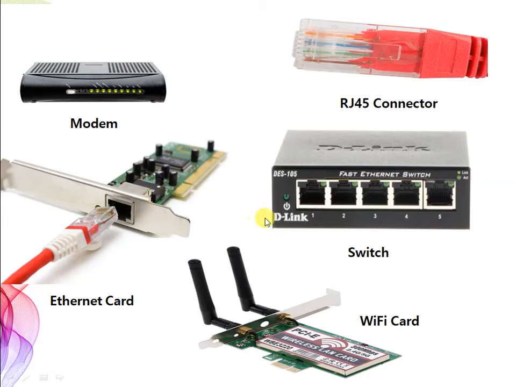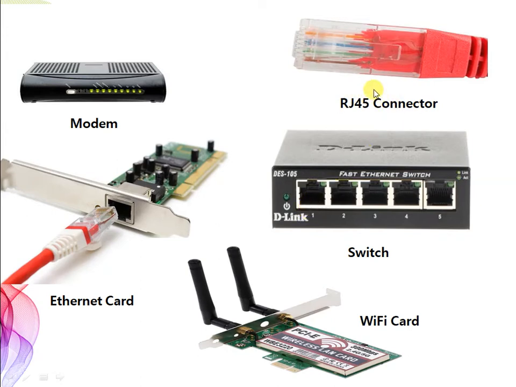Okay, then this is a switch. This type of device must be there in your computer lab. You can search your lab and you can see these type of devices in your labs. It can be one or more depending upon the number of computers in your lab.